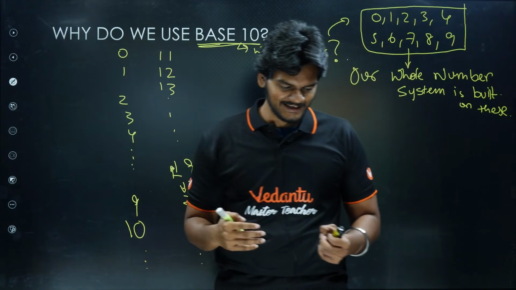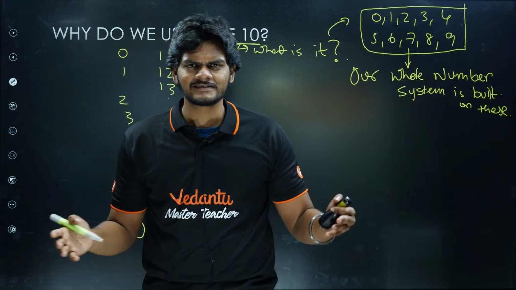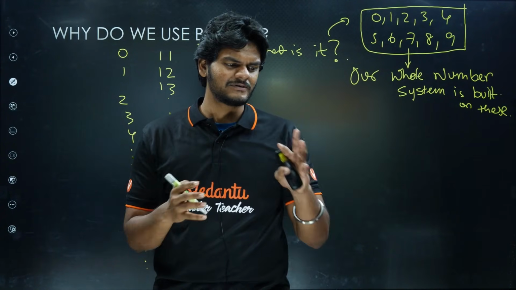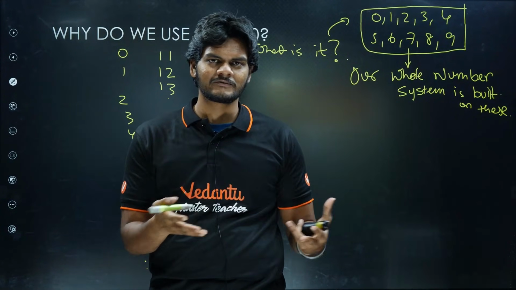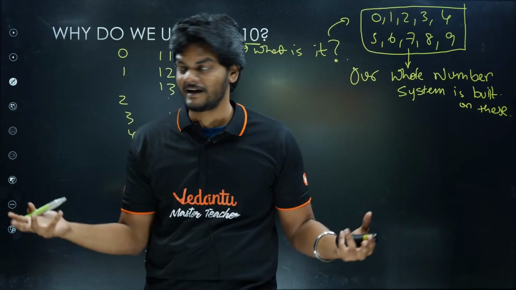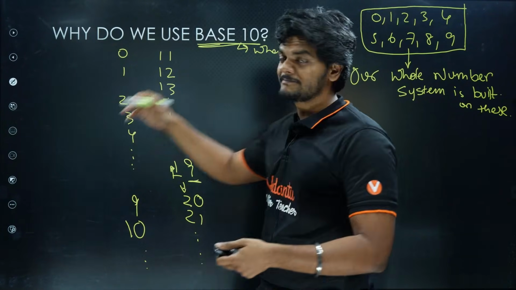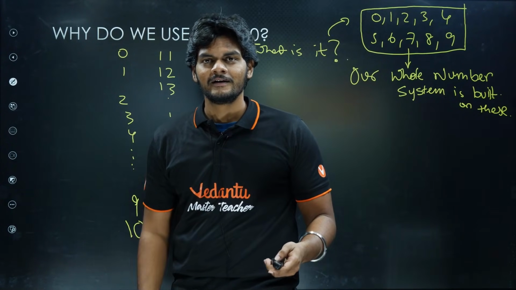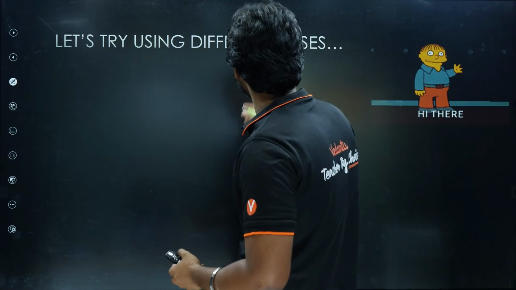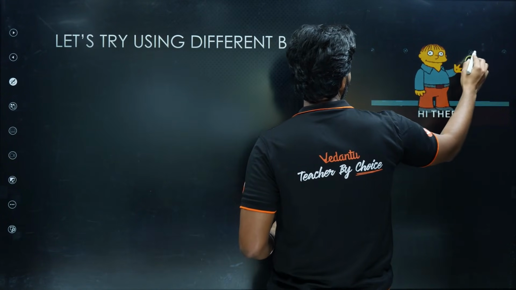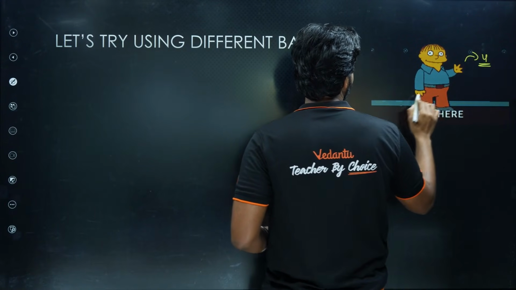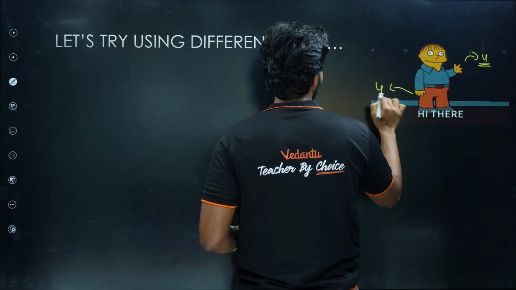Right? So we'll see in certain characters that they have only 3 fingers and a thumb. So they have 4 fingers on one hand, so they have 8 fingers on their hands. So the base might be totally different for them. Now let's try using different bases. This guy, for example, has 4 fingers and this hand has another 4.